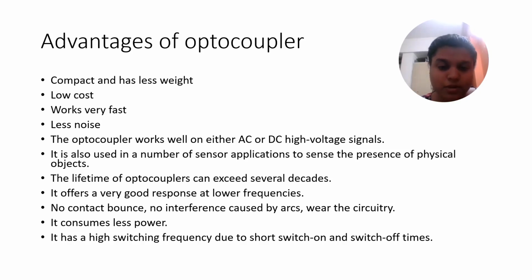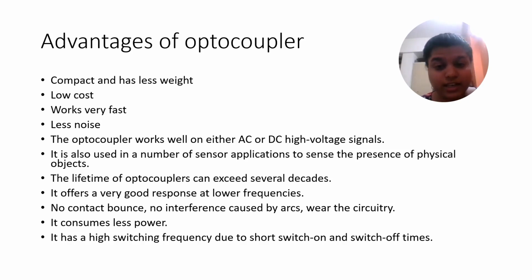The lifetime of an optocoupler can exceed several decades. It offers a very good response at lower frequencies. No contact bounce, no interference caused by arcs via the circuitry. It consumes less power, which is again a very essential advantage of an instrument. It has a high switching frequency due to short switch-on and switch-off times.